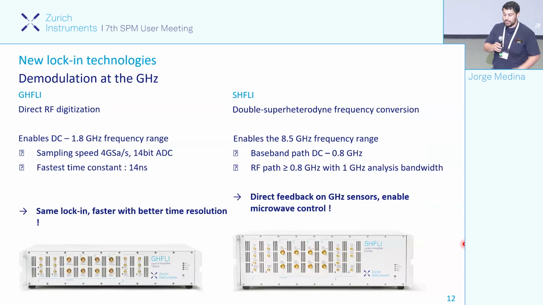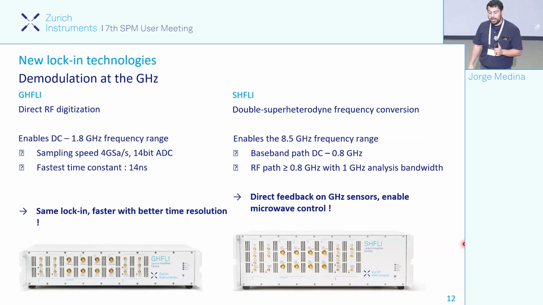We also have some newer lock-ins that are going to allow some new techniques. We have the gigahertz frequency lock-in amplifier, and it essentially works from DC to 1.8 gigahertz. It has a very high sampling rate and a very fast response time, or time constant. It's essentially very similar to what we have at lower frequencies, but much faster.